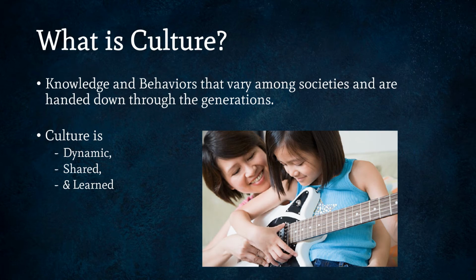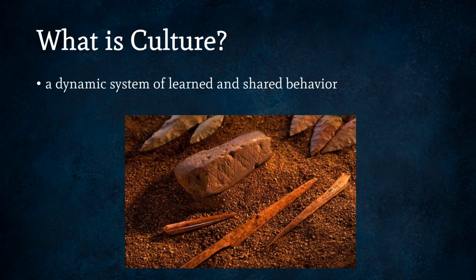So culture is knowledge and behaviors that vary among societies and are handed down through the generations. That's one definition. Another is that it's a shared and learned system of behavior or a dynamic system of behaviors, relationships, values, and beliefs. Like anthropology, culture has many definitions.